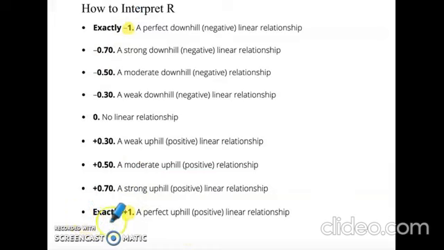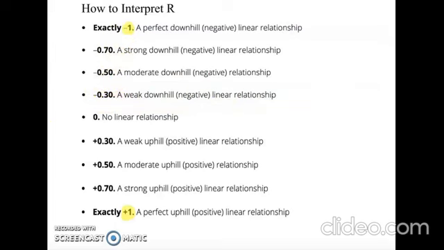So a perfect 1, that's like writing an equation, 2x plus 1. Exactly -1, that's like -2x plus 1. It's perfect. So we have weak. The closer it is to 0, the weaker it is, and then as it approaches 1, it'll get stronger.